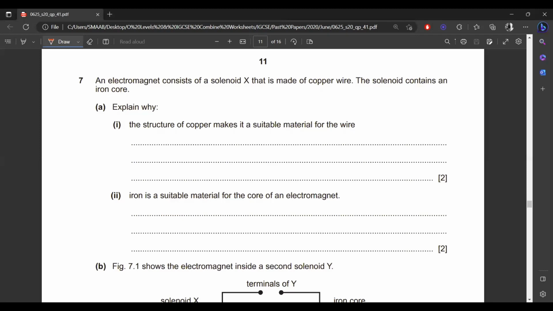Copper is a metal and it's a good conductor. It is a metal. Structure of the copper. Any other suggestions? Electromagnet consists of a solenoid that is made up of copper wire.